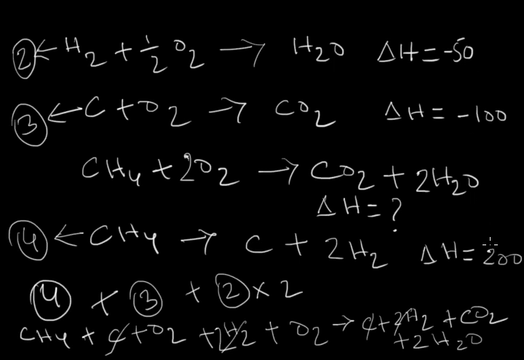So we get 200 minus 100 minus 100 is 0, and delta H value becomes 0. Actually we get this because the values are hypothetical. Actually it would never be 0 because the actual values are different.